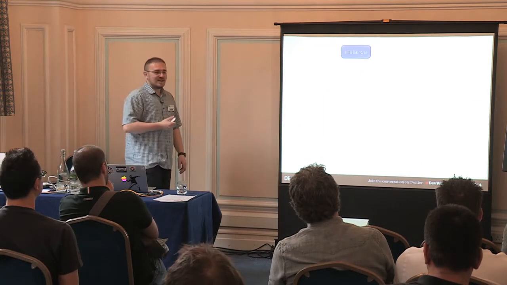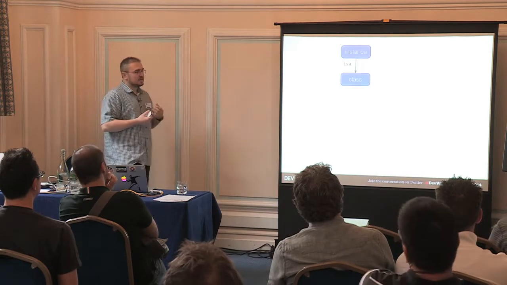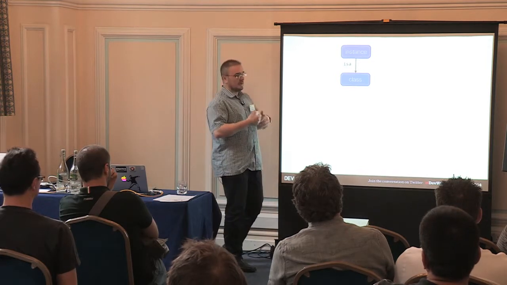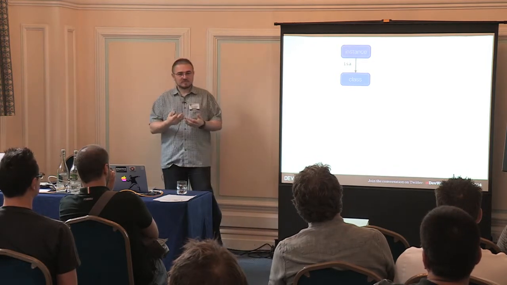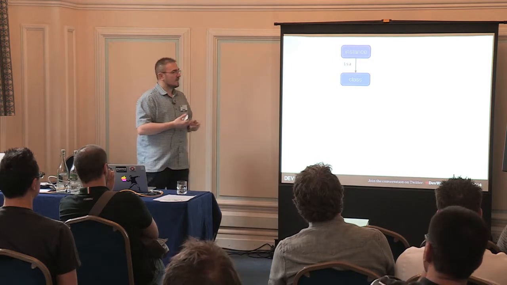So let me blow your mind a bit. Let's talk about inheritance and how things are. You have an instance, and that instance is of a particular class. So what happens in Objective-C is that it has a link to the class. And the class is a struct underneath, of sorts.